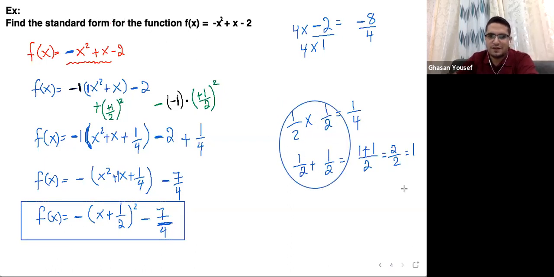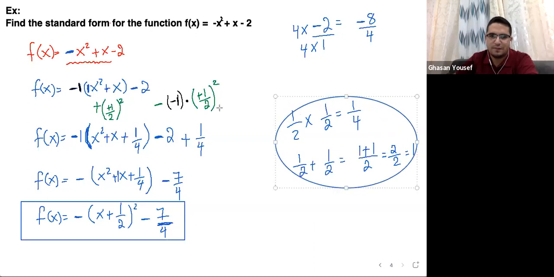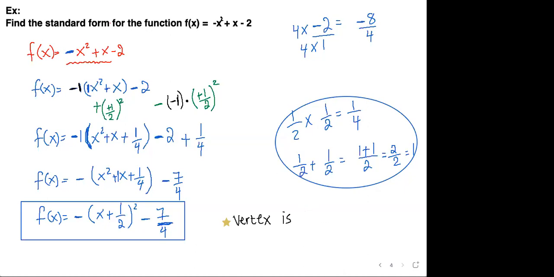Okay, from this function, what is the vertex? The vertex is h comma k. What is h? 1/2 comma negative 7/4.